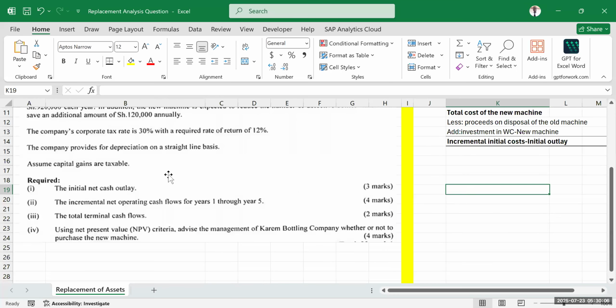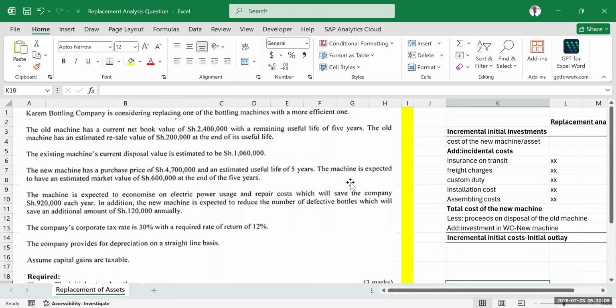Now, we are looking at savings, cost savings by this company. And the cost savings is in terms of what the new machine is able to bring on board. We are told that this new machine, the existing machine disposal is okay, that is 1060. This new machine will be able to lead to power usage economy.